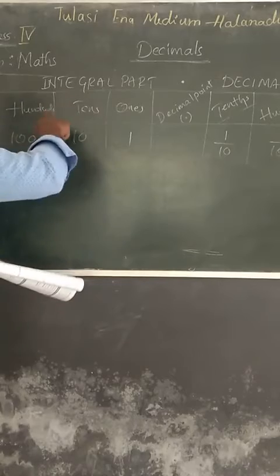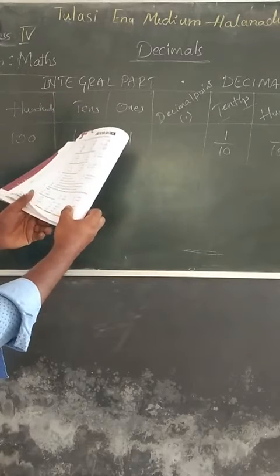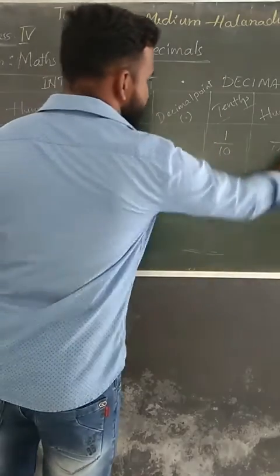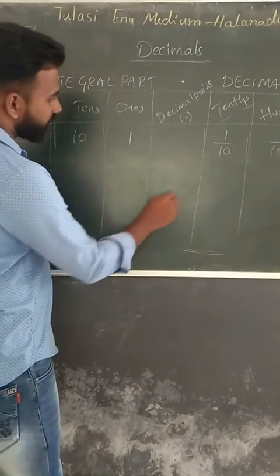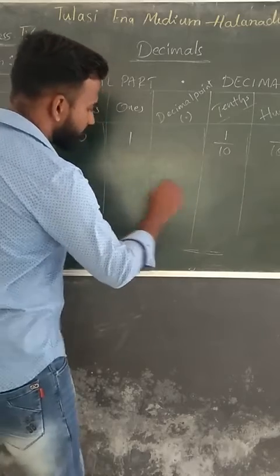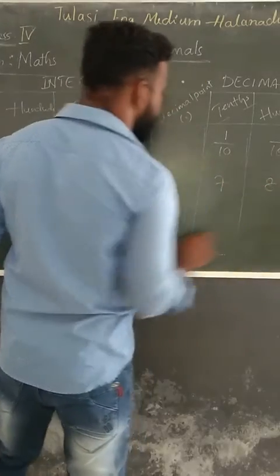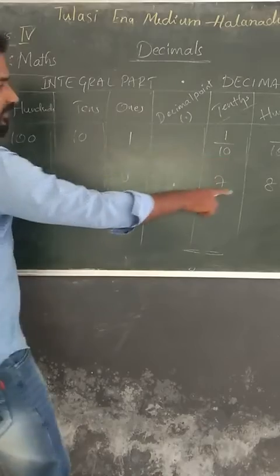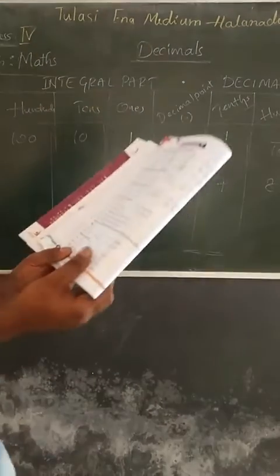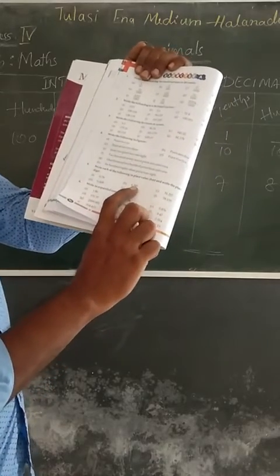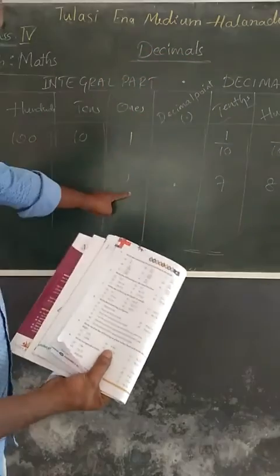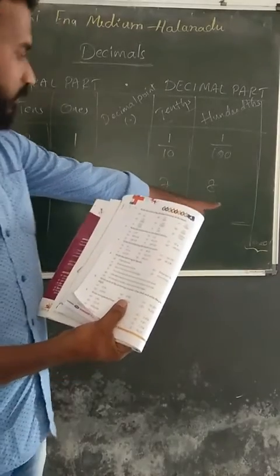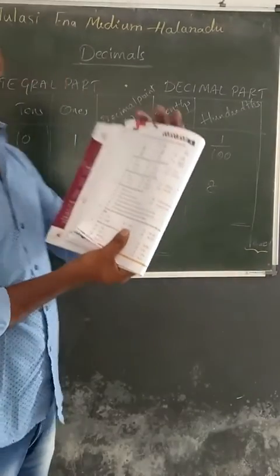So in this way, make the place value chart. 0.78, decimal point here: integral part 0, decimal part 7, 8. 7 is in the 10th place, 8 in the 100th place. 6.345: 6 in the ones place, decimal point, 3 tenths place, 4 hundredths place and 5 thousandths place.